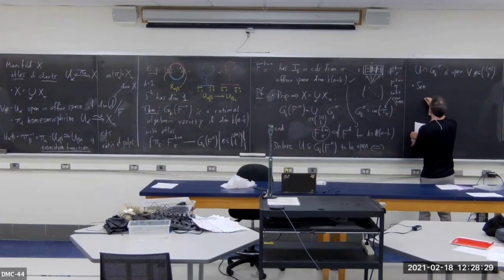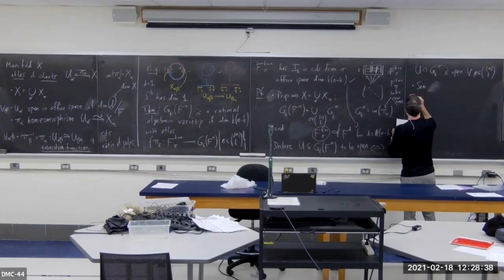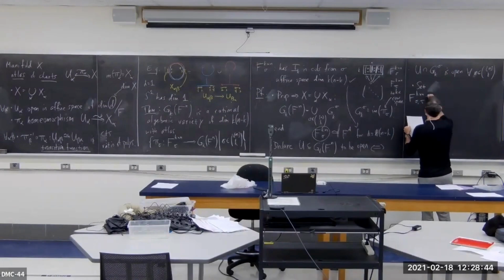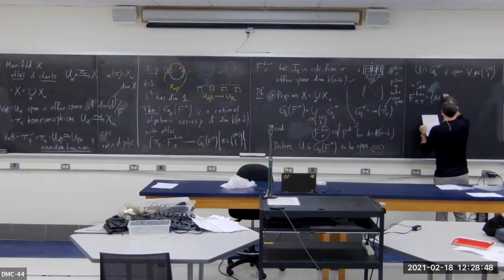So let's set F^(k by n) sigma comma tau. That's going to be the matrices A in F^(k by n) sigma.